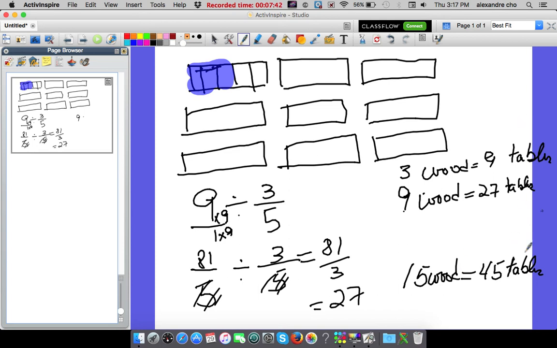From 9 to 45 is times 5, so 3 to this mystery number would be times 5. 9 times 5 gives me 45, and 3 times 5 gives me 15. So there's the relationship I was looking for. A little bit harder. I didn't mean to make it 45. I should have made it more accessible, maybe 54, something a little bit simpler. But if you did get it, good job.